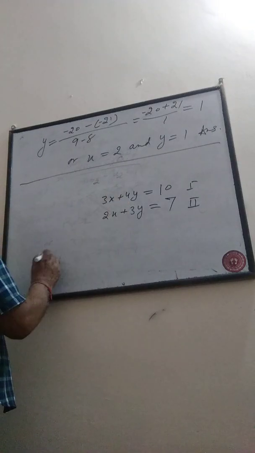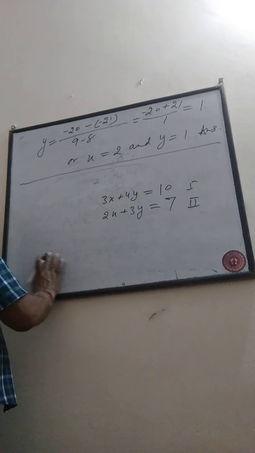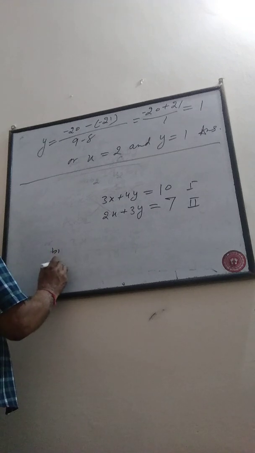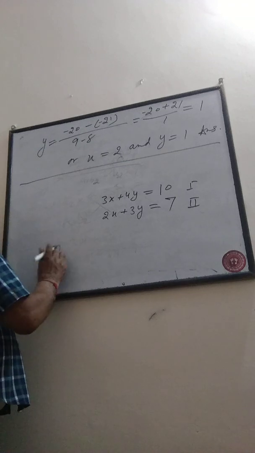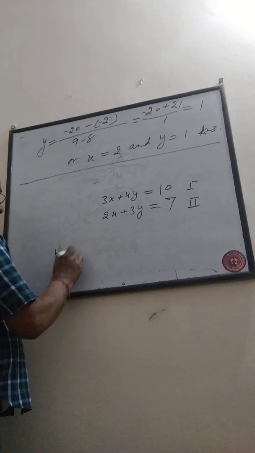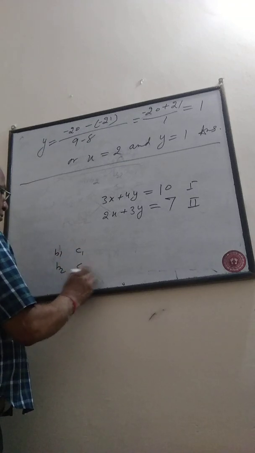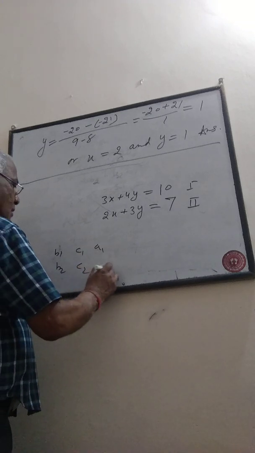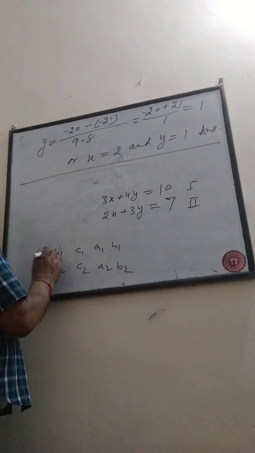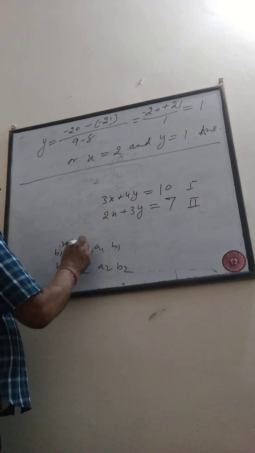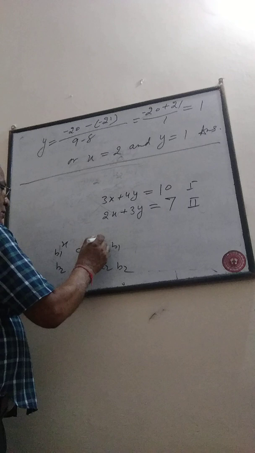You write here b1 b2 first, then again c1 c2, then a1 a2, and finally b1 b2. And in that case you write here x, you write here y, and you write here minus 1.